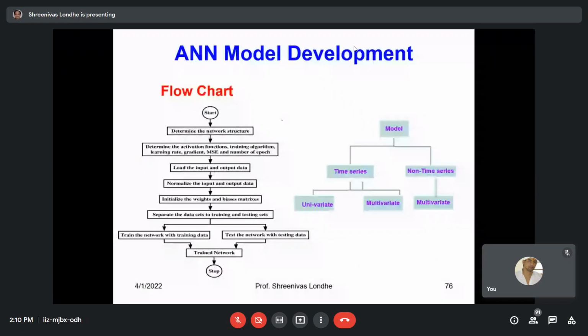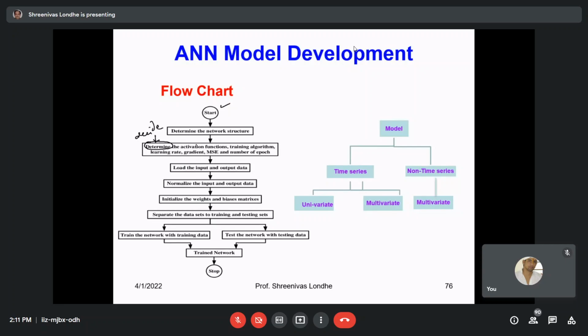Now, NN model development. I will just give a brief idea about how it actually works. To start with, you should decide your problem statement, the problem for which you are developing your neural network. Then you should decide the activation function which you are going to use.